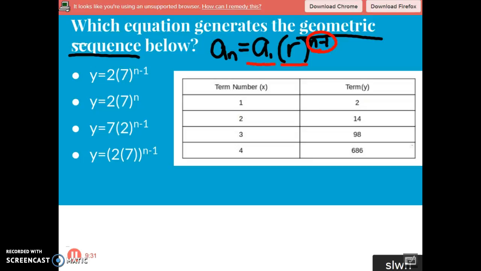So let's find out what our common ratio is. First of all, let's talk about the first term. I'm sorry, our first term must be that, because that is our term number 1.